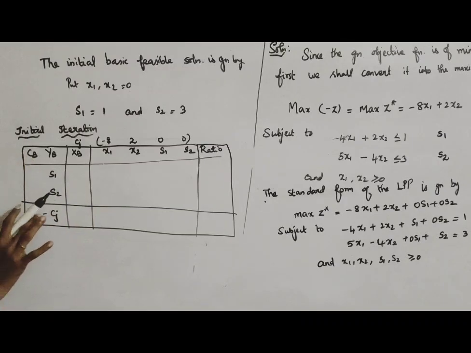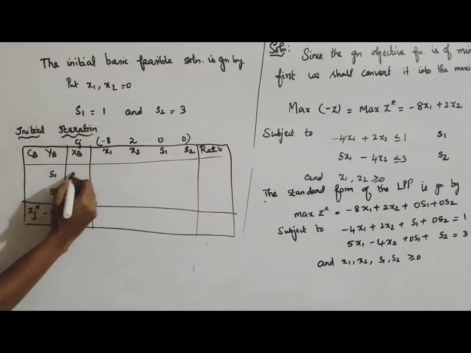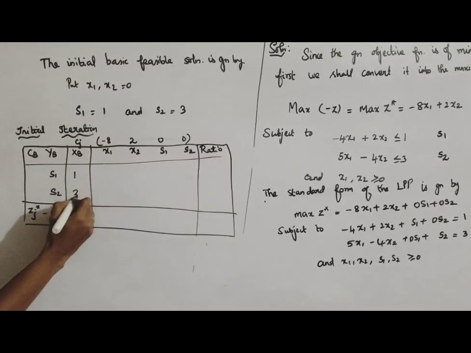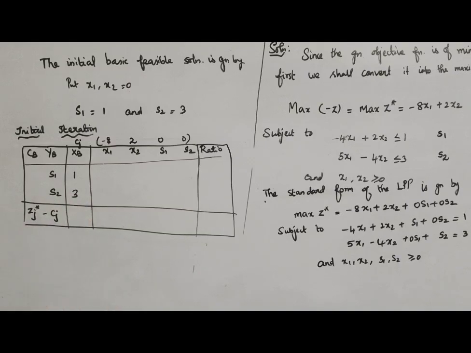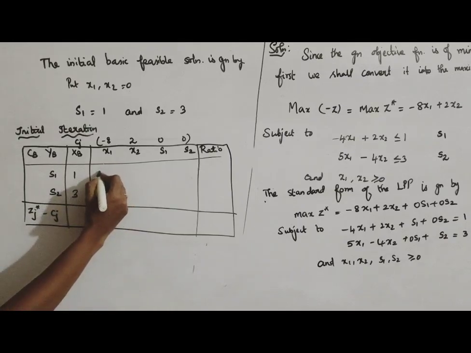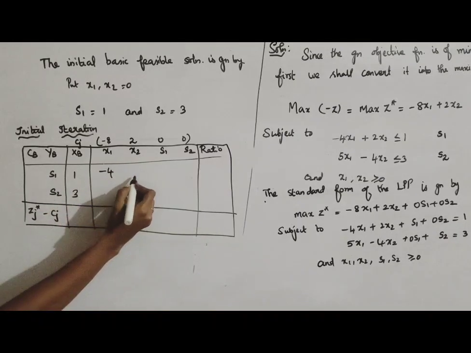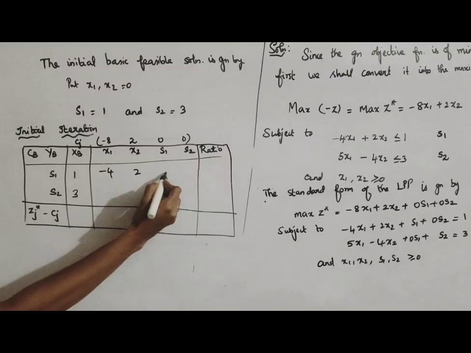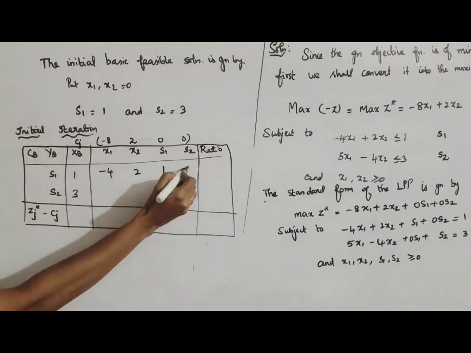In the initial iteration, you write the initial basic feasible solution, right? Here s1 = 1 and s2 = 3. And what are the values of the variables x1, x2, s1 and s2 in the constraints? In the first constraint, the coefficient of x1 is -4, x2 is 2, s1 is 1 and s2 is 0.